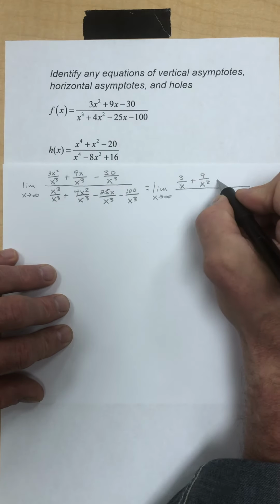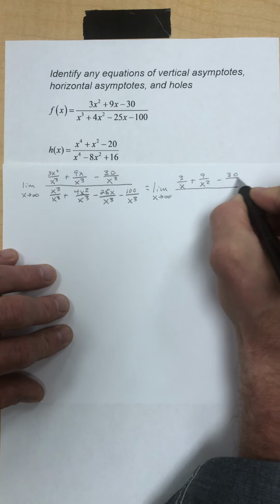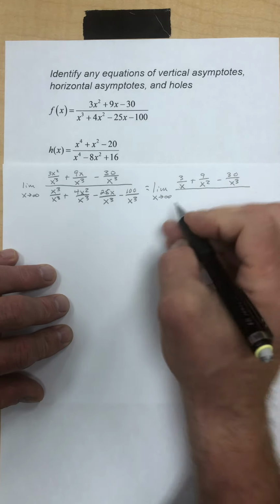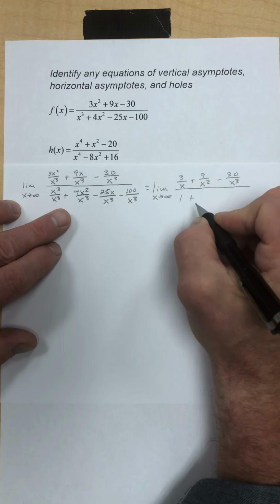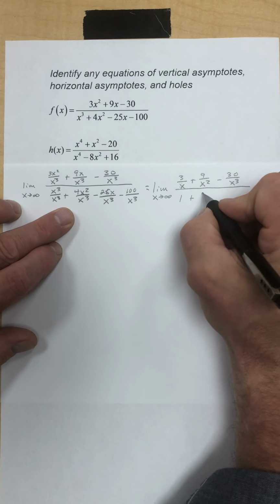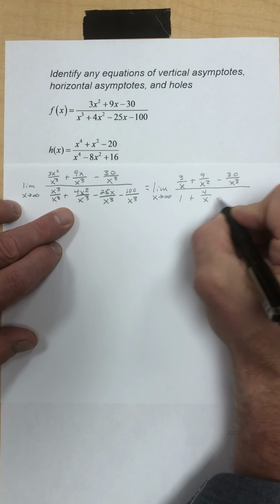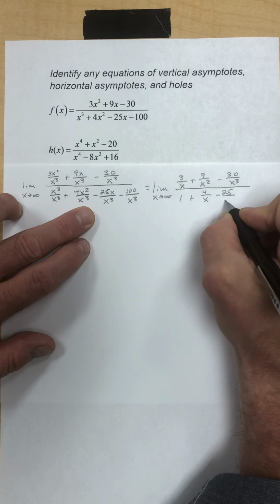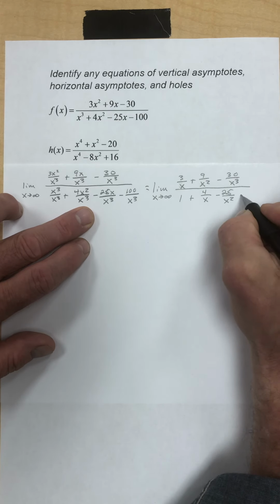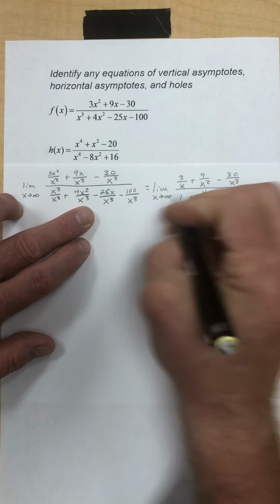Can't do anything with that, minus 30 over x cubed. Down here, x cubed over x cubed is 1. This will be 4 over x. This will be 25 over x squared, and I can't do anything with that last one, 100 over x cubed.